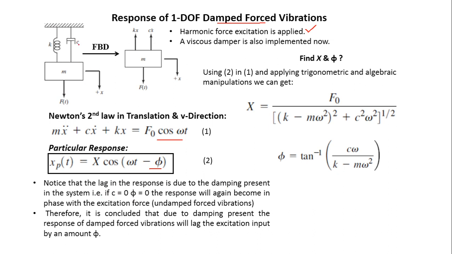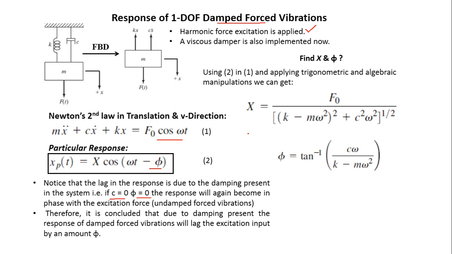If you make this c equal to 0, then this phi will also be 0, and the response will again be the same response as we have used in the case of undamped forced vibration. Therefore we can claim that due to the damping present, the response of damped forced vibrations will lag the excitation input by an amount phi.